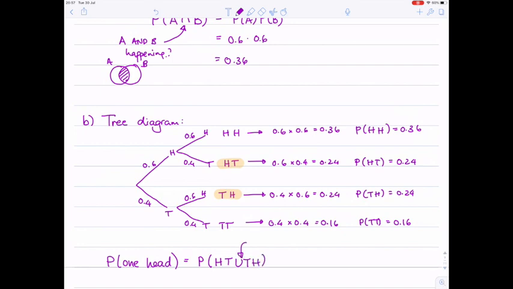And here we're thinking of this union as OR. So if we get heads, tails, or tails, heads, then we get exactly one head. And this is just going to be, if you go back to our earlier probability rule, the probability of heads, tails, plus the probability of tails, heads, which is 0.48.